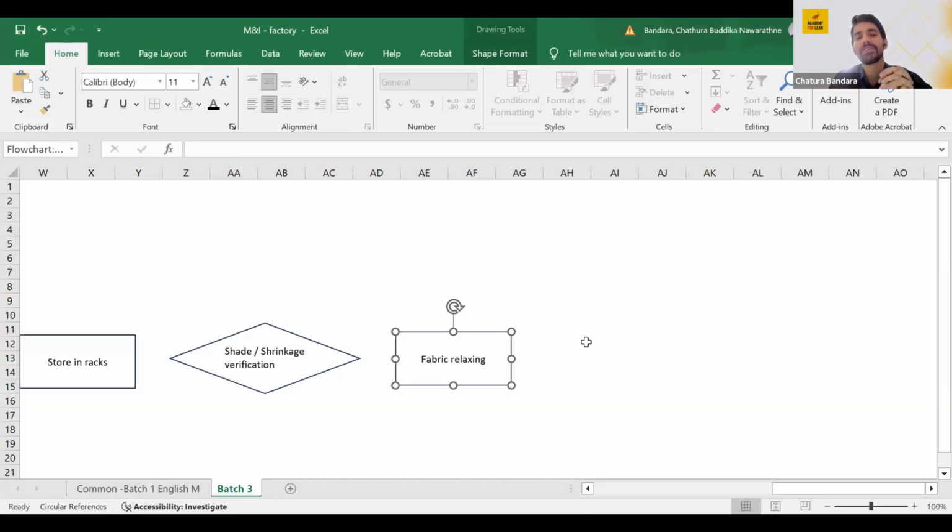So now we know we do shade verification and shrinkage verification is done. Everything is okay. And then we go for fabric relaxing. And then do we go straight away to transfer the fabric to the cutting department? No. There will be a cutting plan based on the color shade grouping.